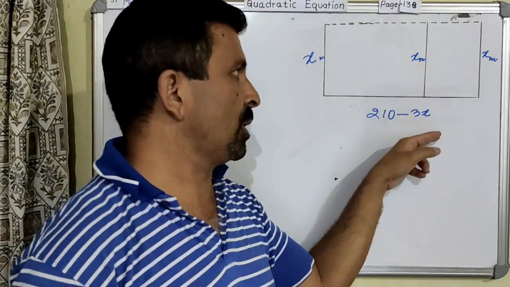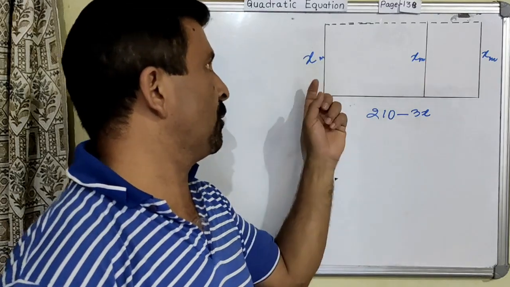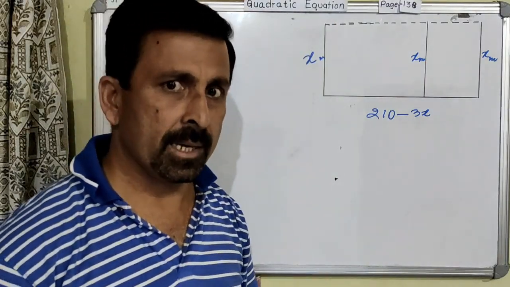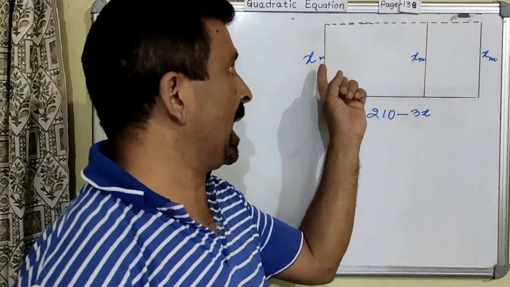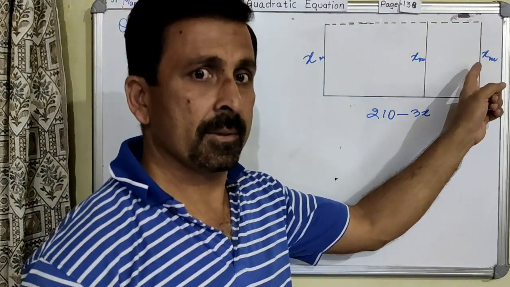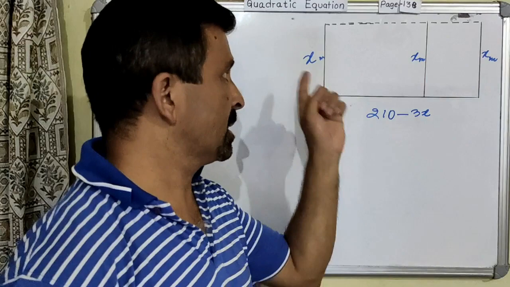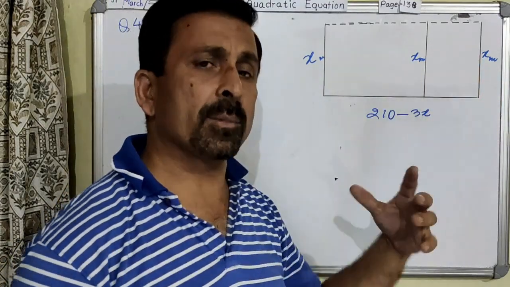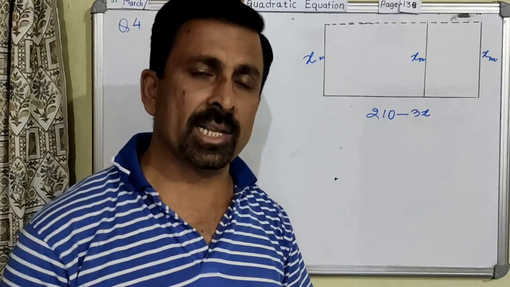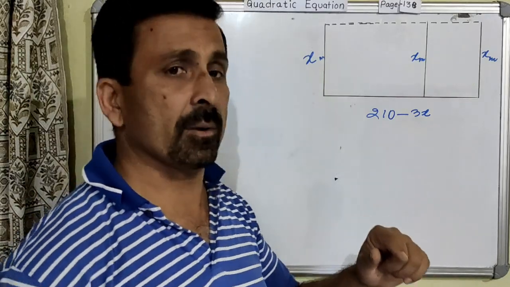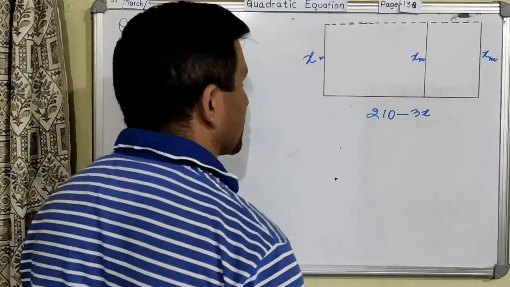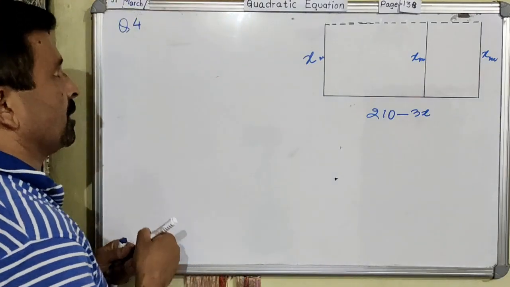The length is 210 minus 3x and the width is only x meter. Is it okay? So don't make the mistake of adding these three. The sum of these three and this would be the total length of the wire, which is called the perimeter. But here we have to find the area. So be very clear.